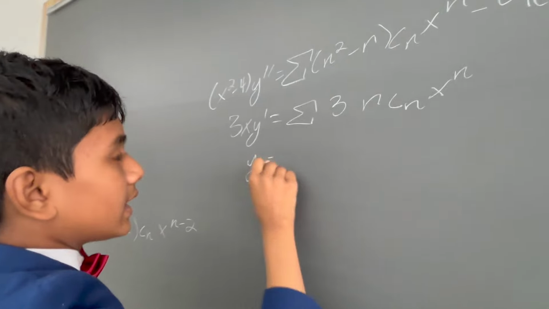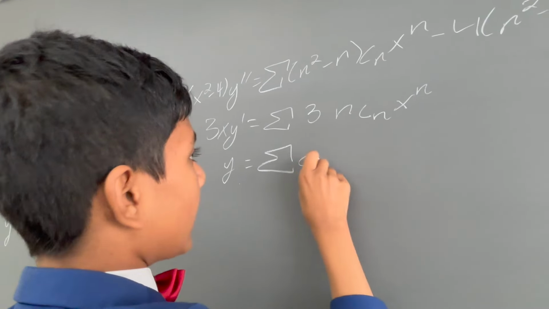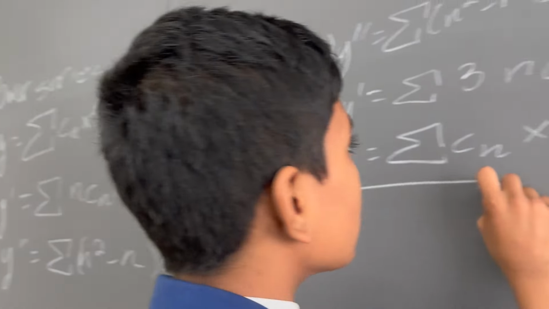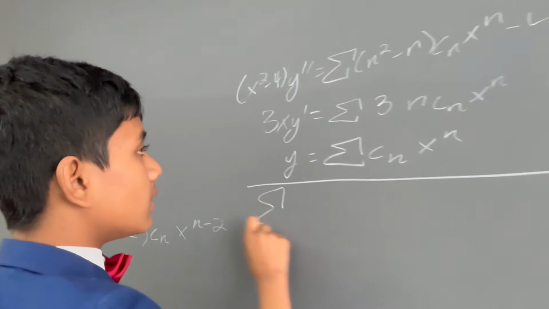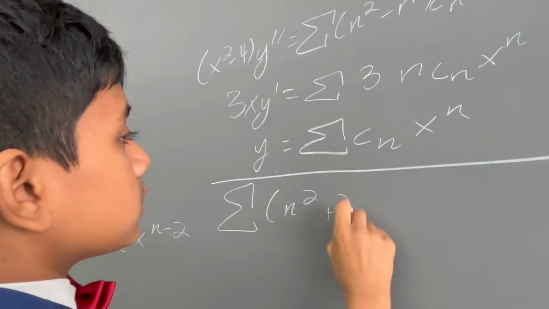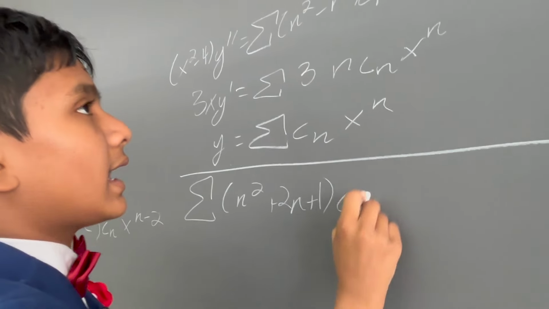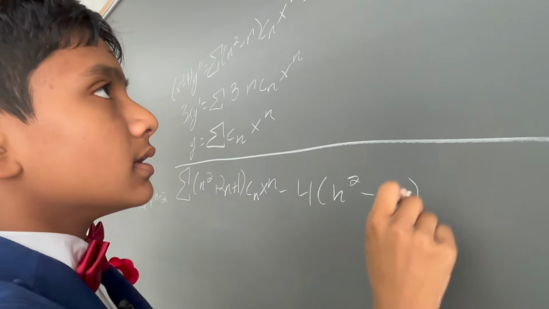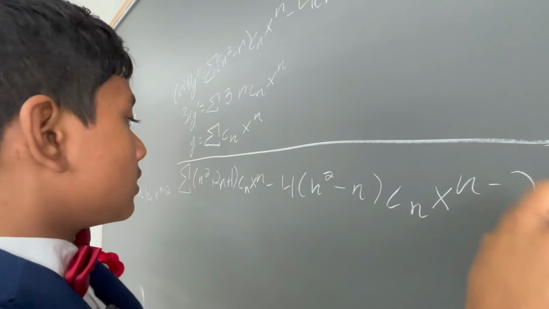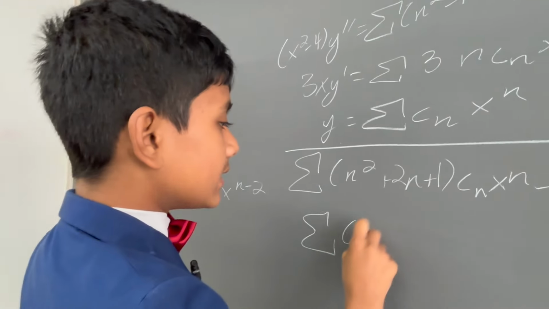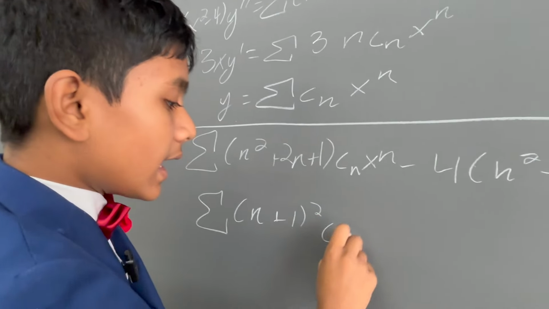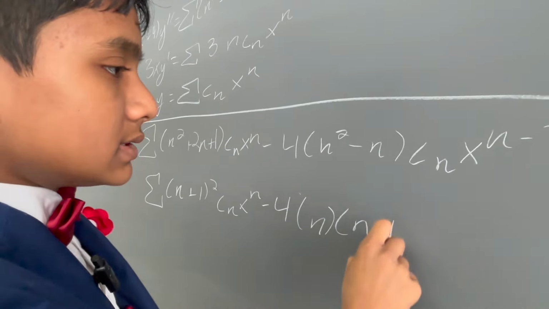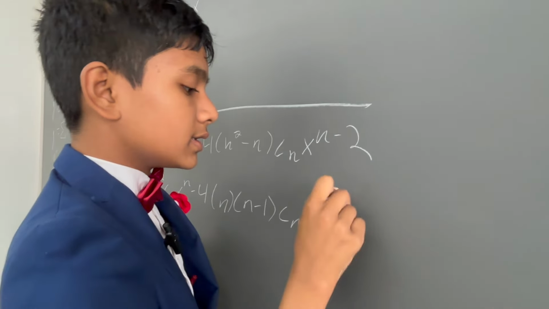And finally, we just get ordinary y, which is c_n x^n. So now, let's sum these all up. We get the sum of n squared plus 2n plus 1 times c_n x^n minus 4 times n squared minus n, c_n x^(n-2). So I can abbreviate this as (n+1) squared c_n x^n minus 4 n(n-1) c_n x^(n-2).